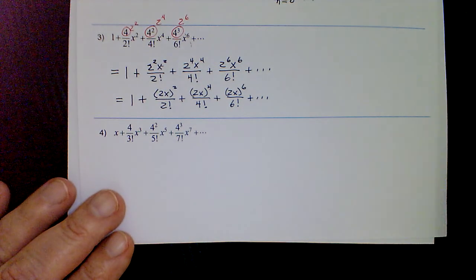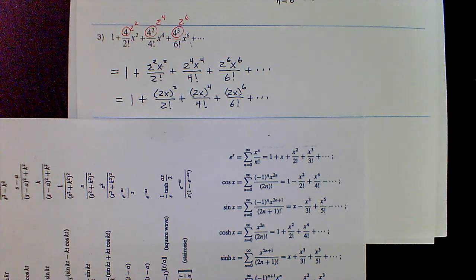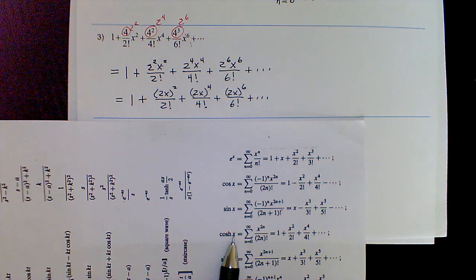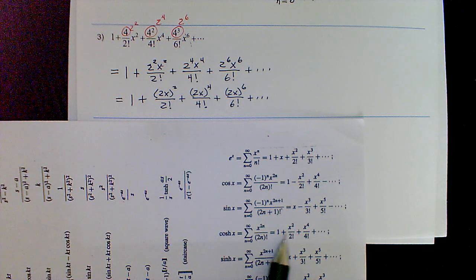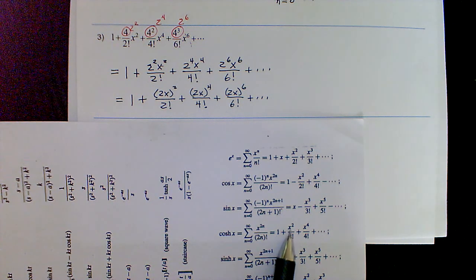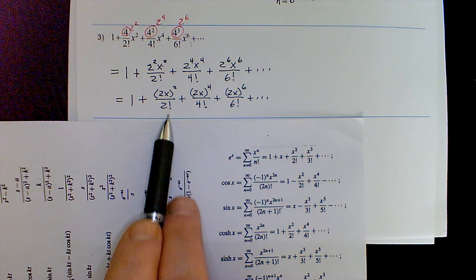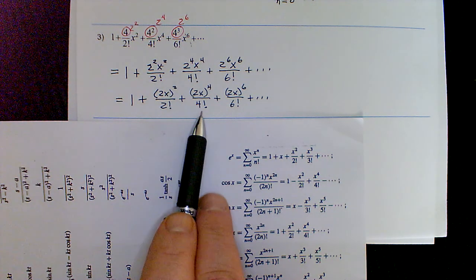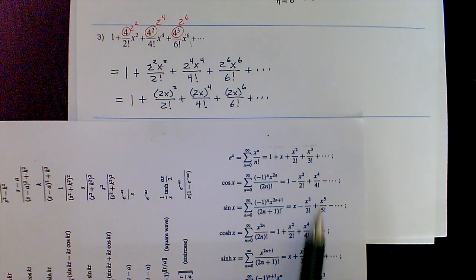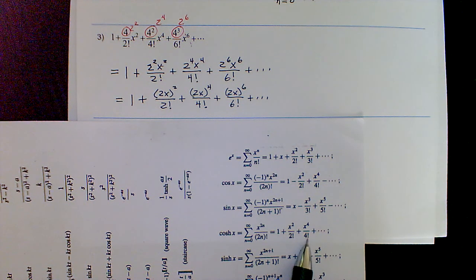And now let's look back at our table, and we were focusing on the hyperbolic cosine here, and looks like everything matches now. We got the 1, got a quantity squared over 2 factorial in the form of 2x squared over 2 factorial, quantity to the fourth over 4 factorial, that's what we need here, and so on.